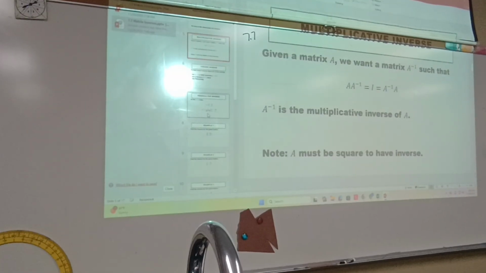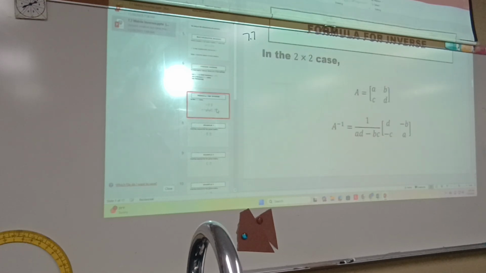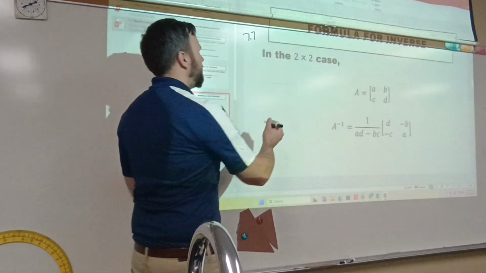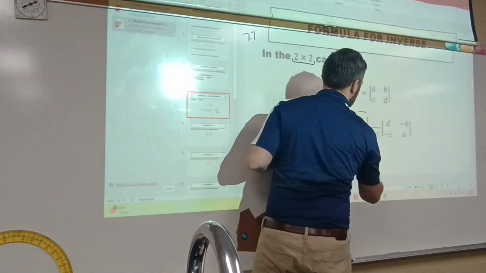All right. So, how do we find an inverse matrix? Well, we could reduce row echelon form it. We could use a formula, or we could use our calculators. In a 2x2 case, this is the formula.